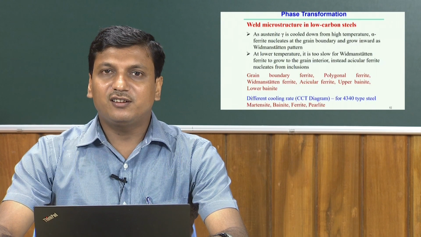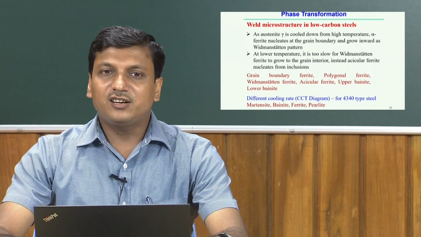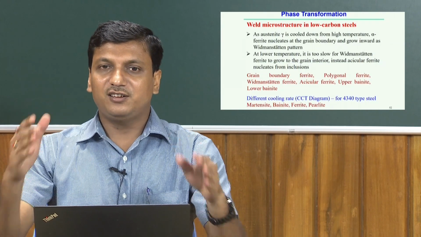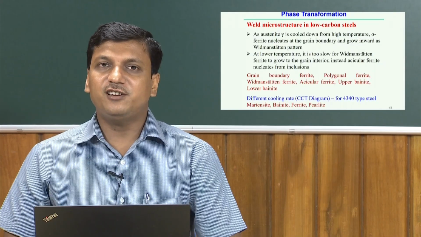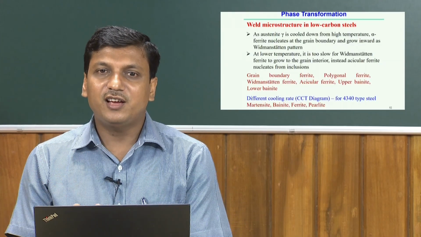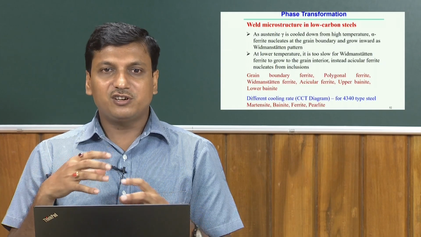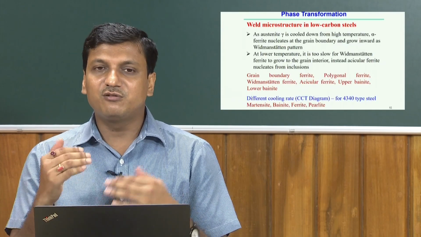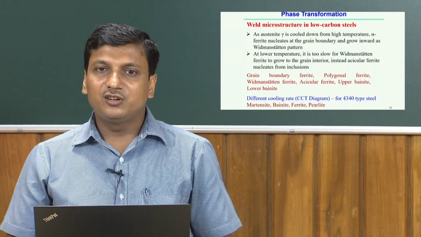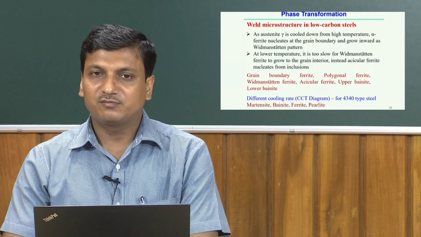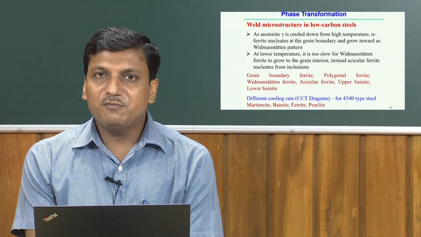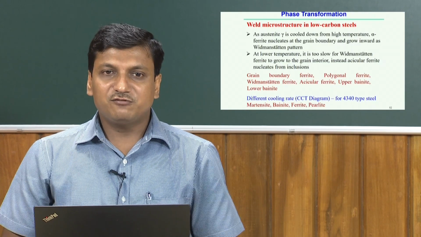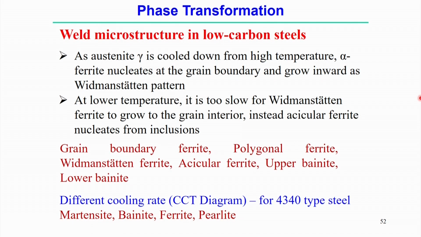In low carbon steel, the austenitic phase is cooled down from the high temperature, and alpha ferrite nucleates specifically at the grain boundary, in the Widmanstatten pattern. This specific pattern forms when austenite cools from the high temperature to the low temperature ferrite phase. At low temperature, it is too slow for the Widmanstatten ferrite structure to grow into the grain interior.